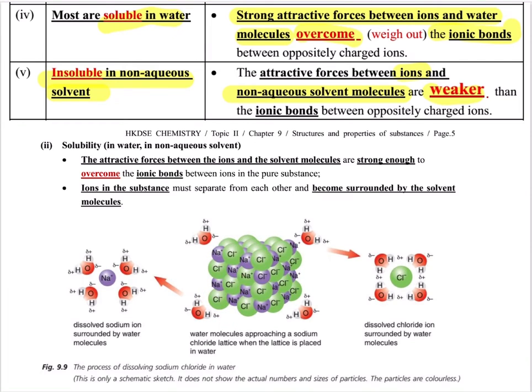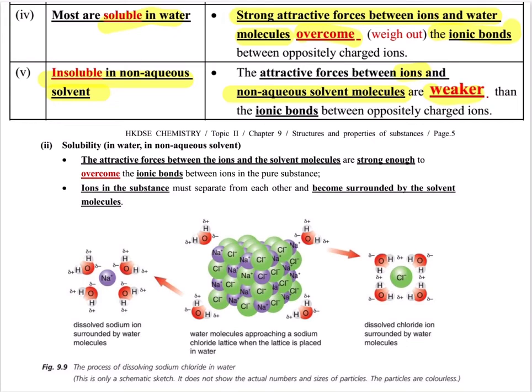All right, so in order for this substance to be soluble in water, they need to break their attraction first, the ionic bond. So water needs to form some attraction with the particle. For example, here is the chloride. We need to form some attraction between the chloride and water.